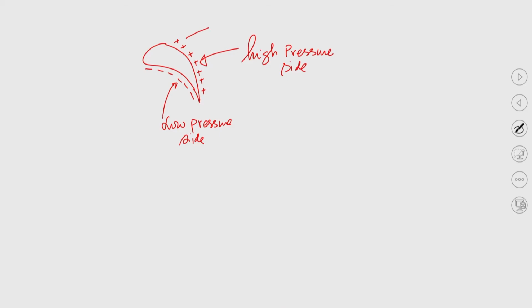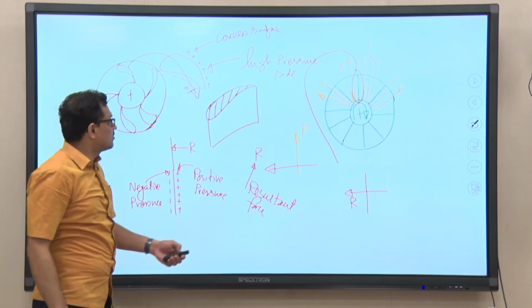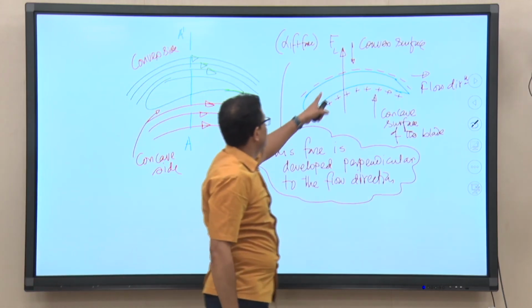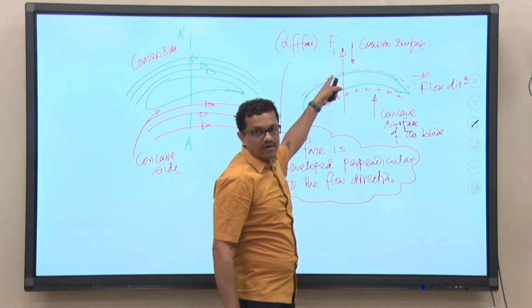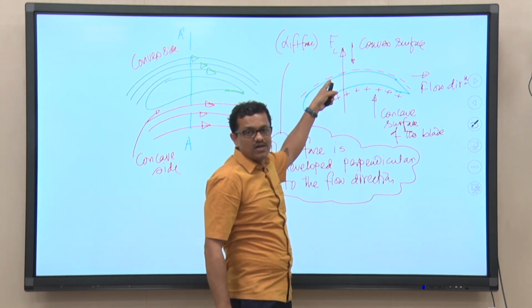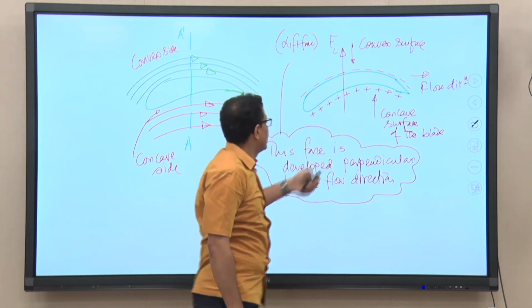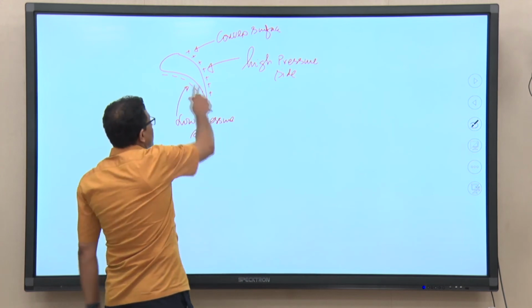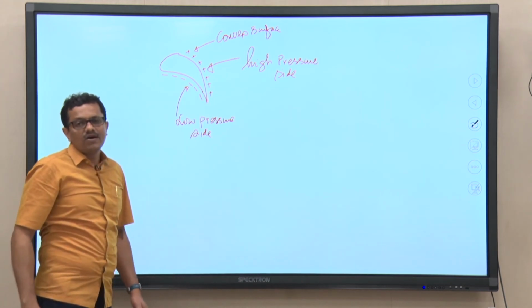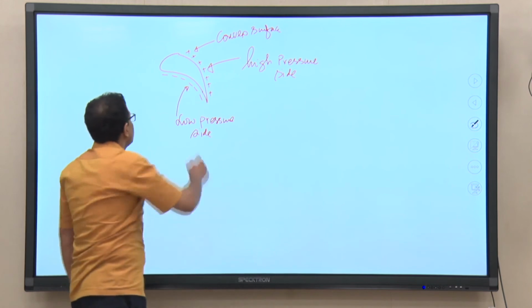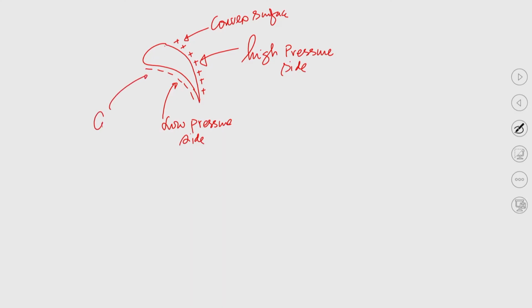Here this is the convex surface where pressure is high, and that was very less in the case of an isolated airfoil. So, in the isolated airfoil the pressure is less on the convex surface, while it is high for the blade of a radial flow pump, and this surface is the concave surface.